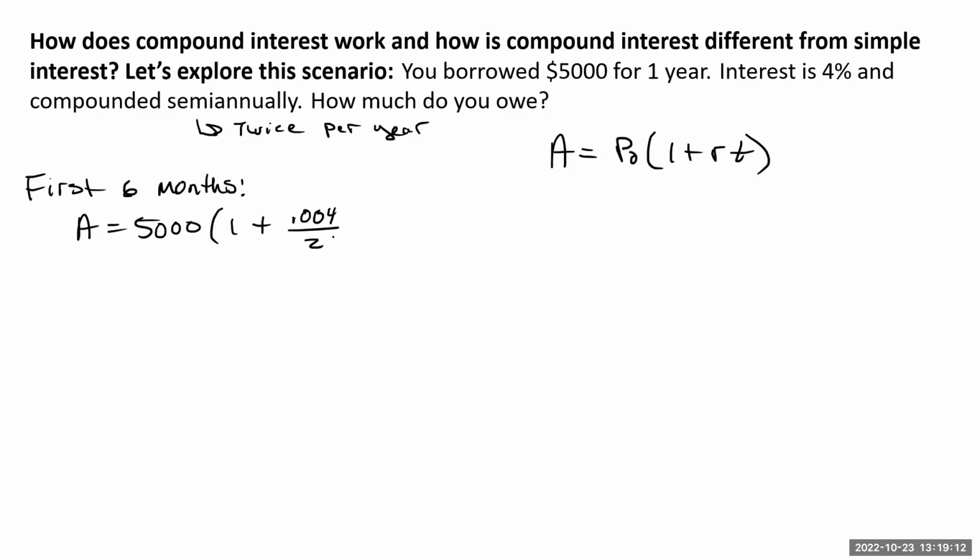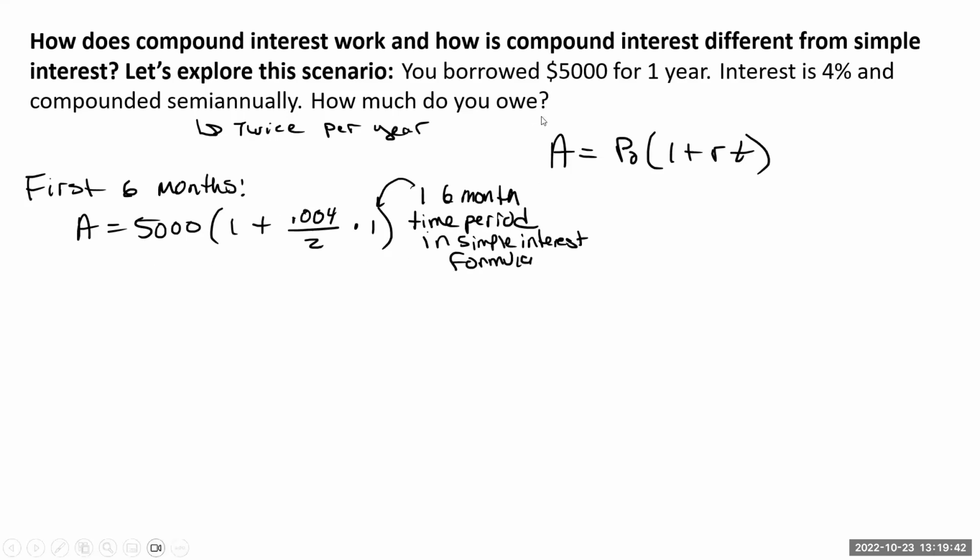This is not annual. Times 1 for the time, since there is one 6-month time period in the simple interest formula.